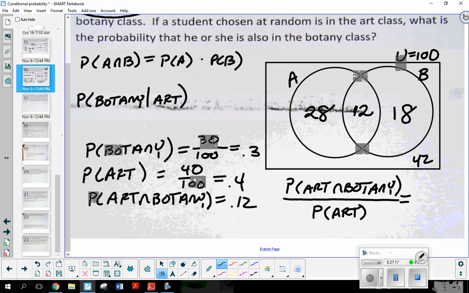Well, we know that the intersection was what? Yeah, 0.12. Or you can say 12 if you want to. I'll just go with the decimal. 0.12. The probability of finding an art student was 0.4. And what is 0.12 divided by 0.4? 0.3. So 0.3 or 30%.